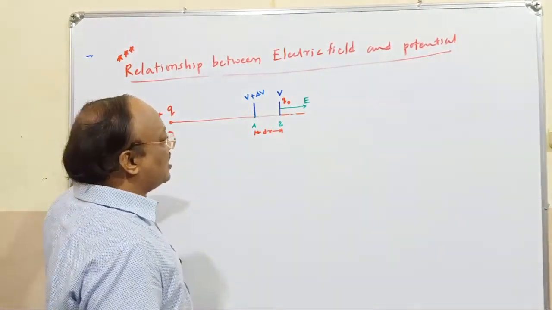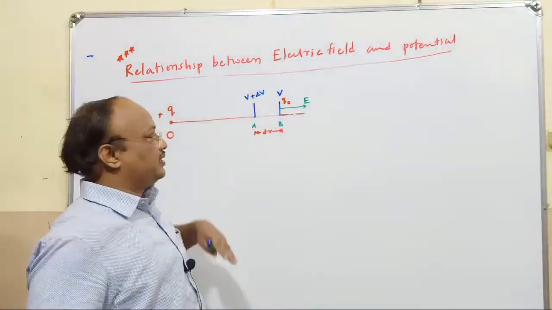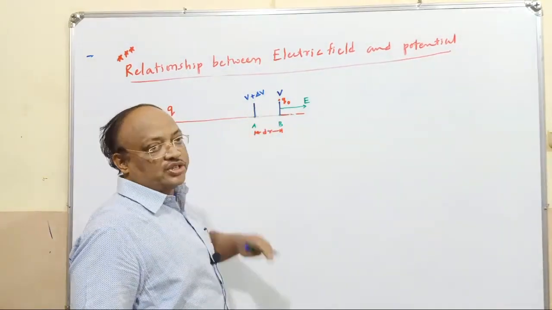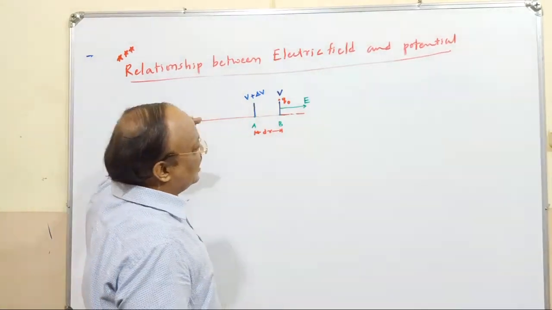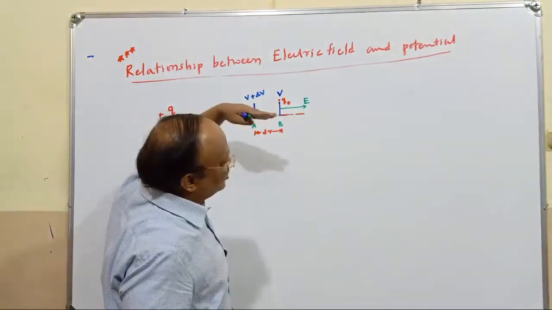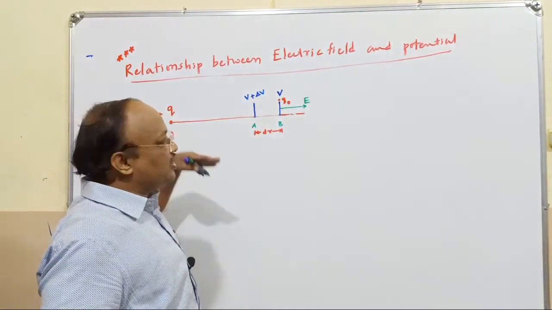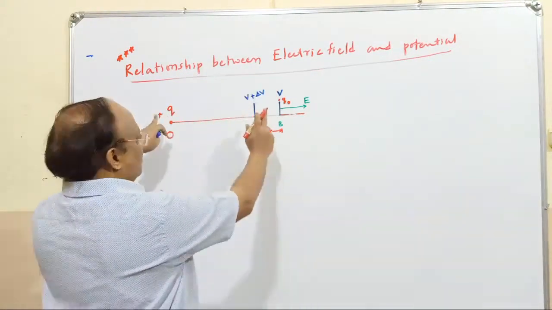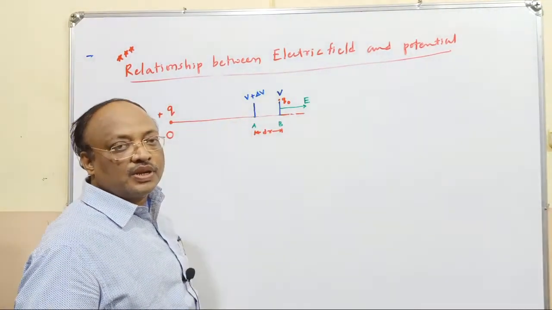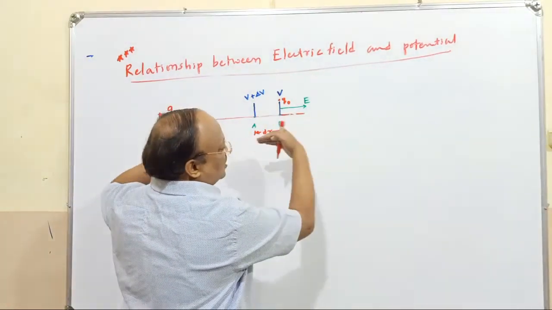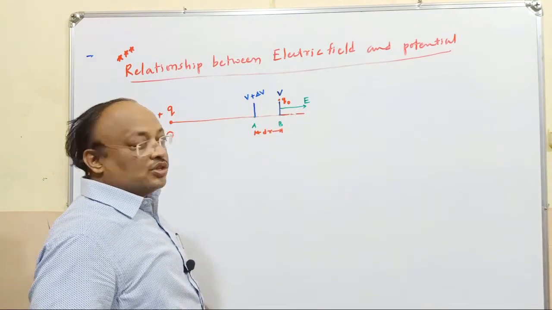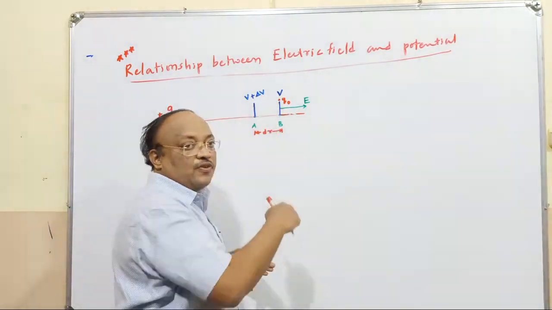Since this is a positive test charge, the electric field is pushing this test charge in this direction because of the force of repulsion, whereas your external force is in the opposite direction.